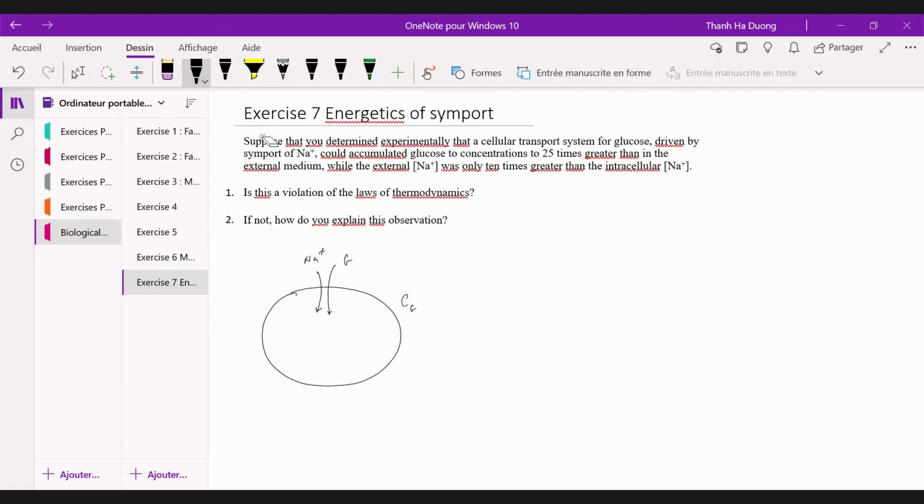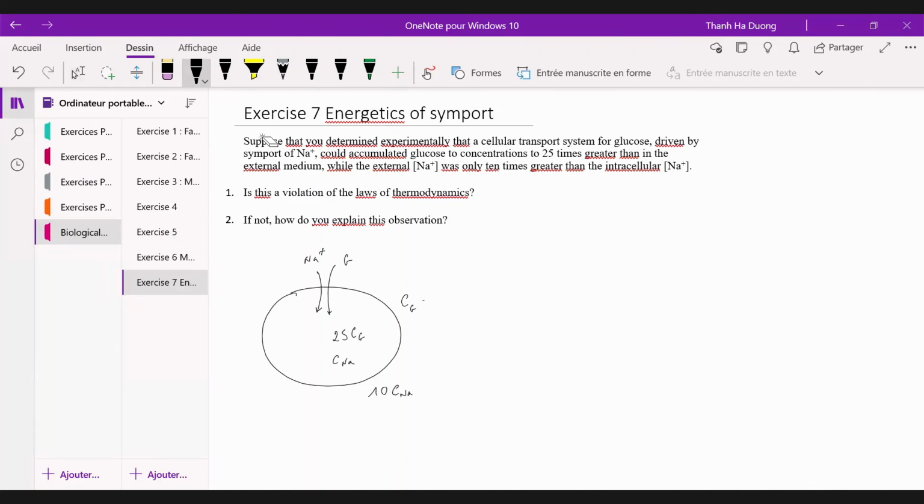For the sodium, the external concentration of sodium was only 10 times greater. So if we have a concentration of sodium inside, we have outside 10 times the concentration of sodium, okay?